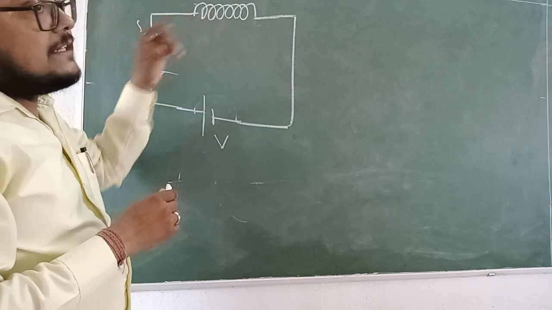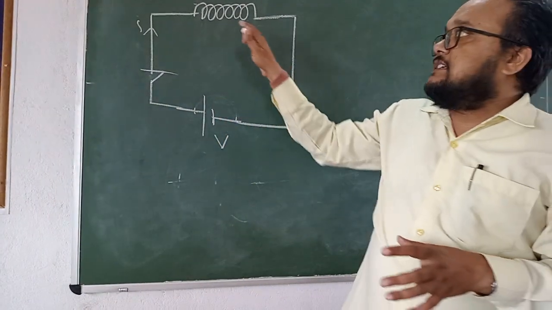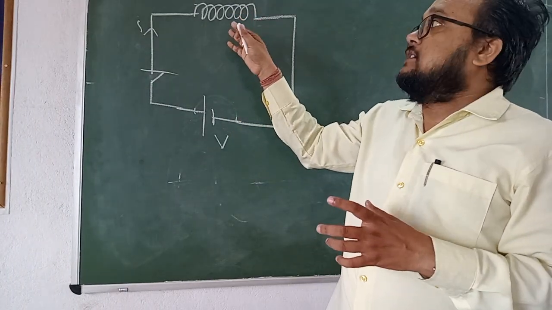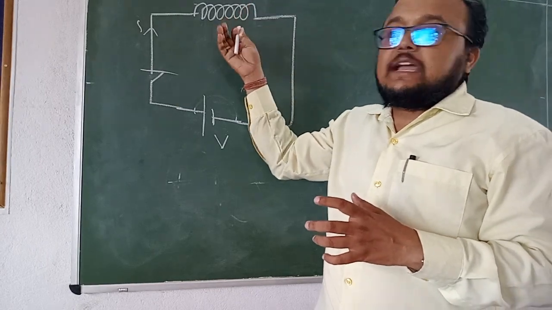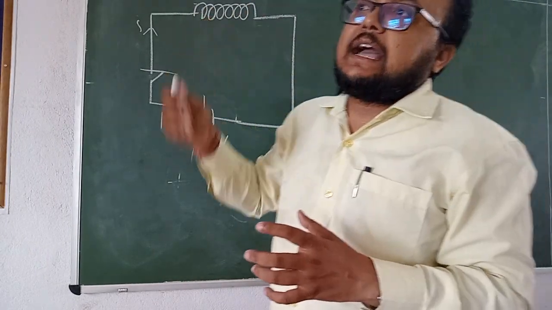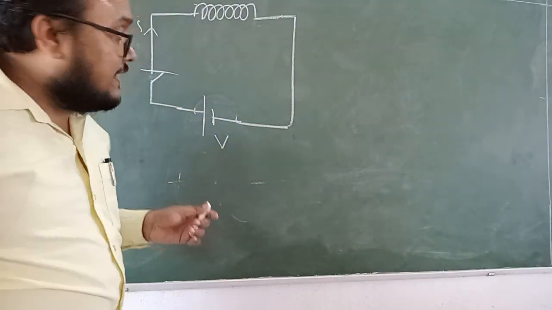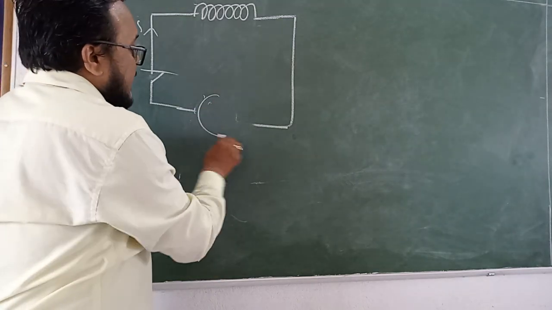A constant current will not cause a change in flux inside the inductor. If the flux is not changing, no back current is generated, and it will simply work as a resistor.